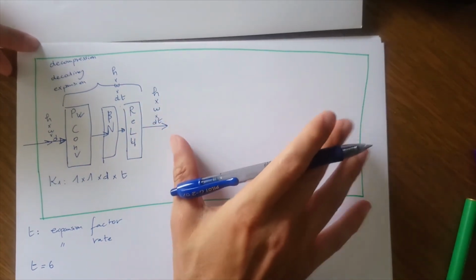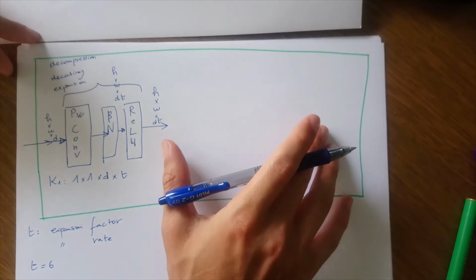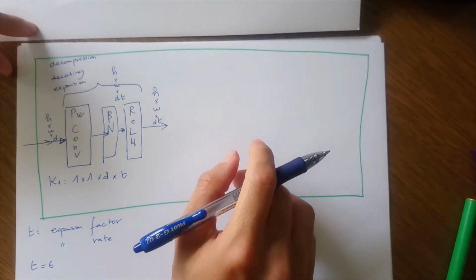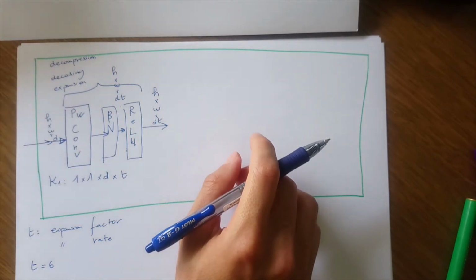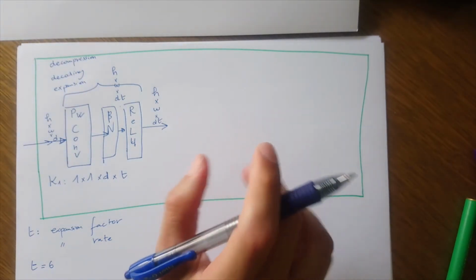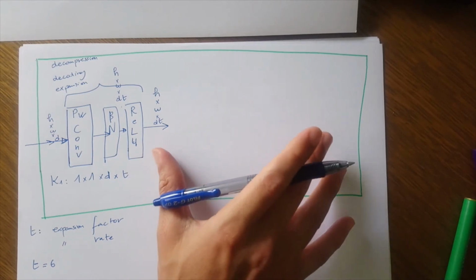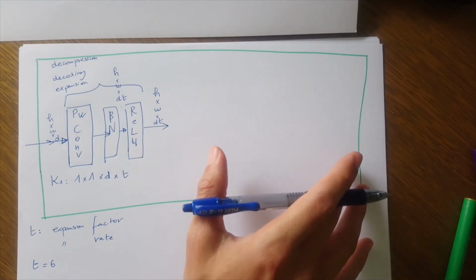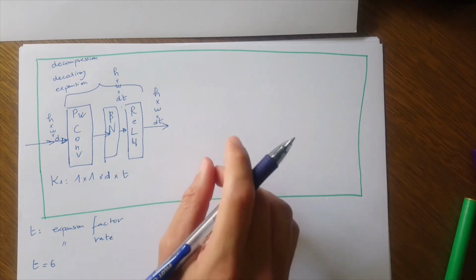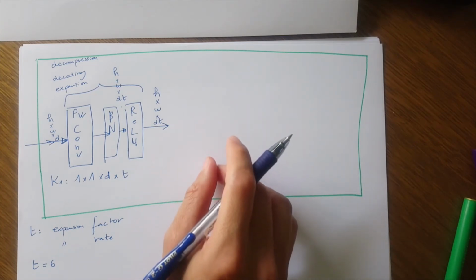We apply a depthwise separable convolution, which is an efficient version of the standard convolution. They do not use standard convolution because it's not efficient. They use depthwise separable convolution, which is the same as that used in MobileNetV1 with a minor difference that I will talk about in a moment.